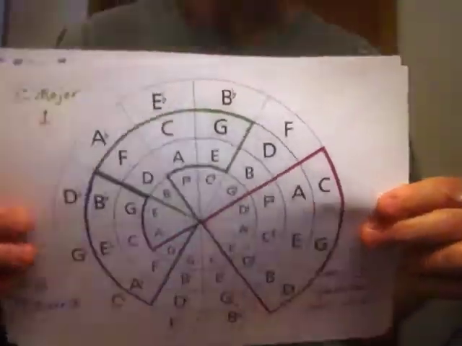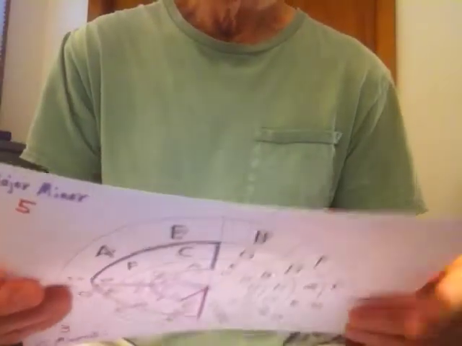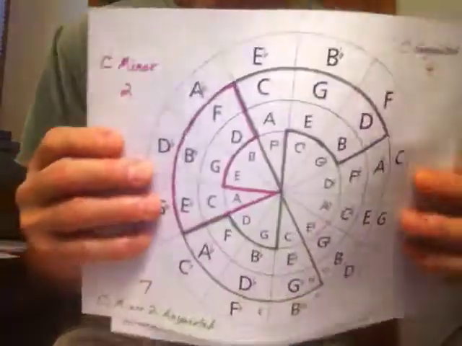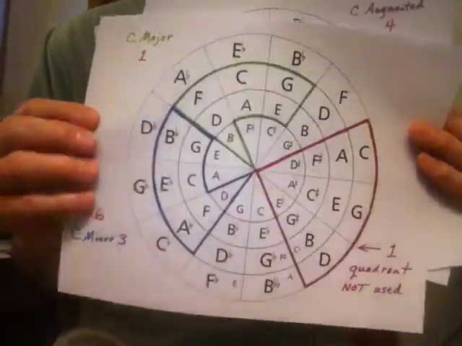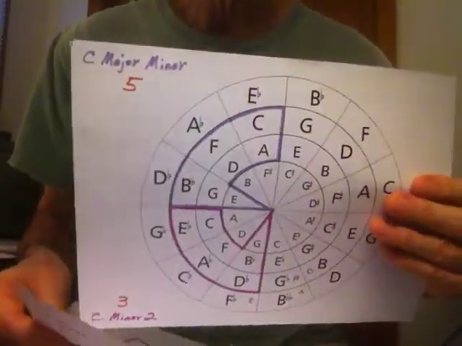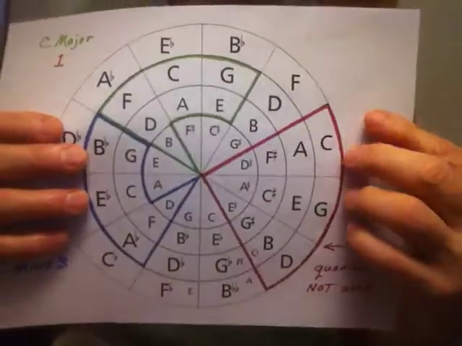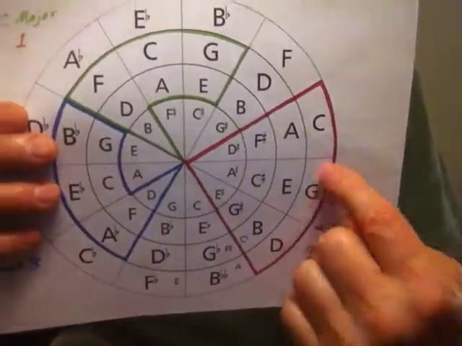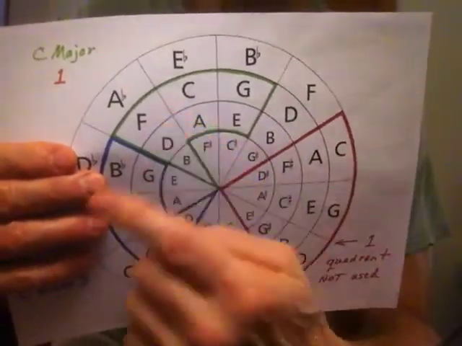Now here, when you go through the major scale and the 6 attendant modes, all 6 modes that go with the C major scale, you notice something. On your amplified circle of fifths, there is one quadrant that is not used when you use this scale shape.